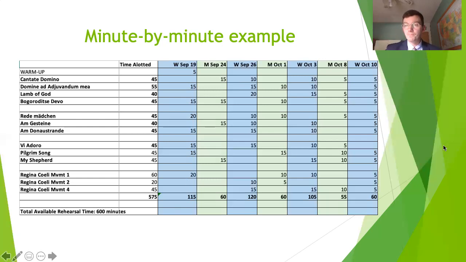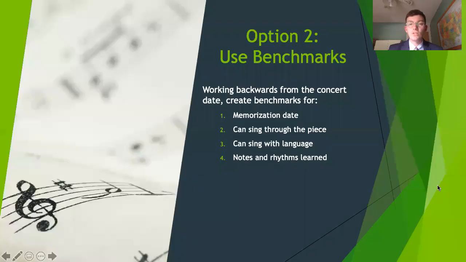For those middle school and high school programs that I taught in, I found that this was a bit more difficult to work with. I didn't find as much success in it. And so I created a second option, which kind of goes off the first and incorporates some ideas that I've already mentioned so far, and that is creating benchmarks. For instance, the memorization date.